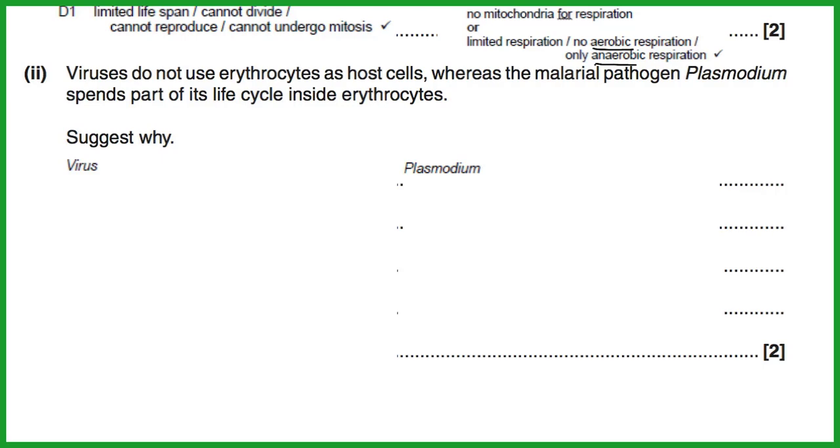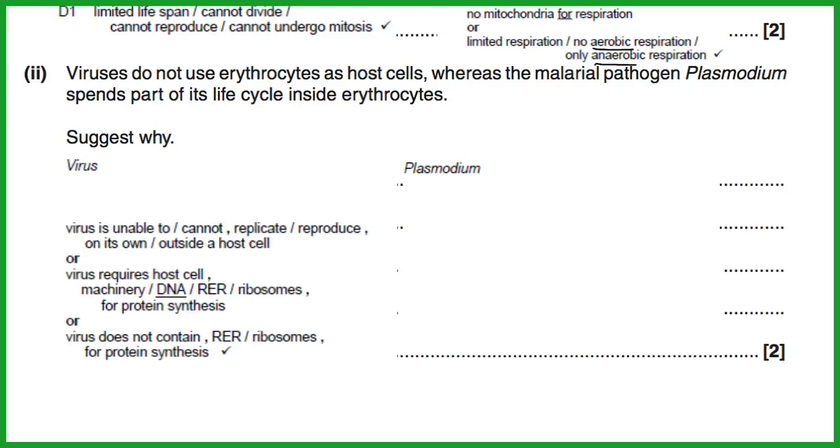Whereas the Plasmodium parasite has got its own machinery because it's a living organism, it's a living cell, it's a protoctist. So the Plasmodium parasite is able to reproduce, able to use the red blood cell as a host, and then use the resources inside the red blood cell, and also it hides from the immune system of the host.